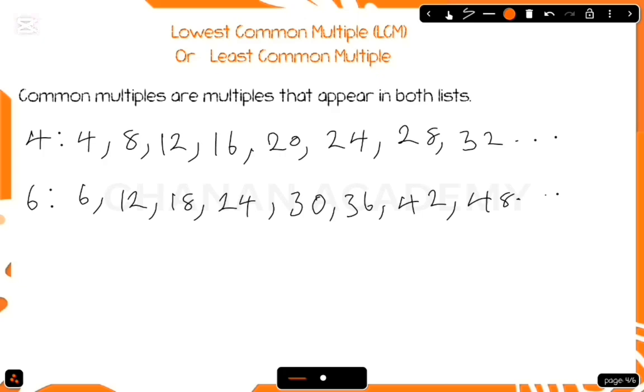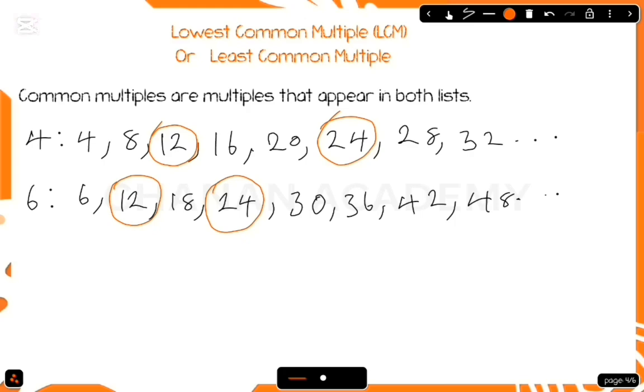All right, we have 12. Is there any other one? Look closely. We have 24. Can you see any other common multiple? In the lists we have just given we have 2 common multiples, but there are more than 2 because the set keeps going.